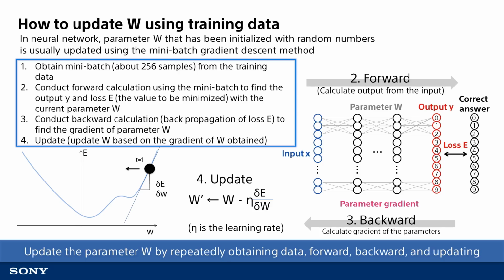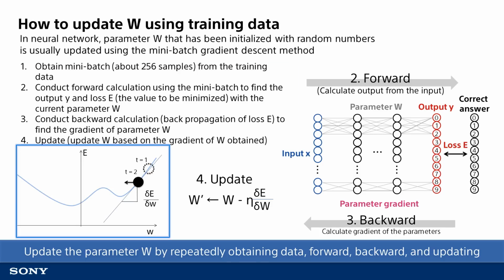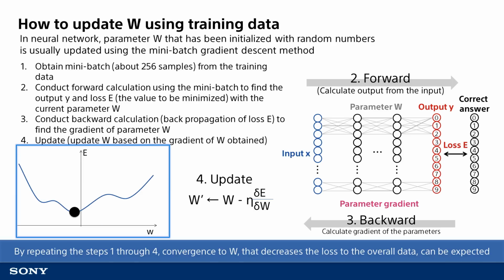In the fourth step, we can expect that E will gradually grow smaller when we repeatedly update weight W based on the gradient of the parameter. This weight W can be updated by conducting this process repeatedly so that ultimately E becomes smaller for the overall data. This is optimization of the neural network through the mini-batch gradient descent method.